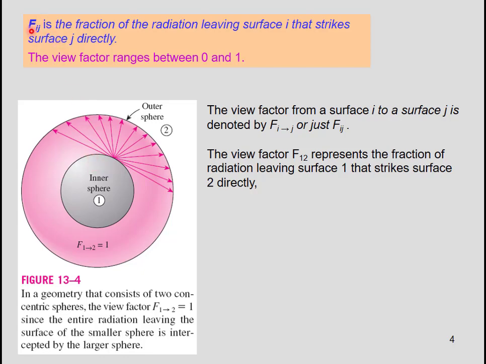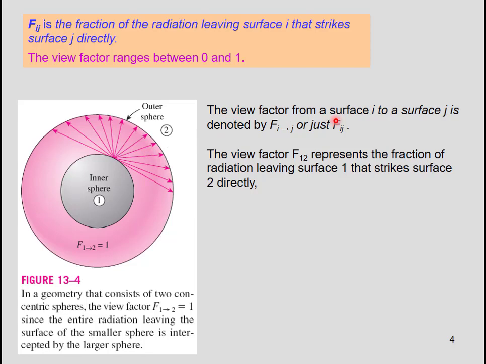So F sub i j is the fraction of the radiation leaving surface i that strikes surface j directly. As you can see here, this is surface i, the inner sphere surface, and the inner surface of the outer sphere is surface j.